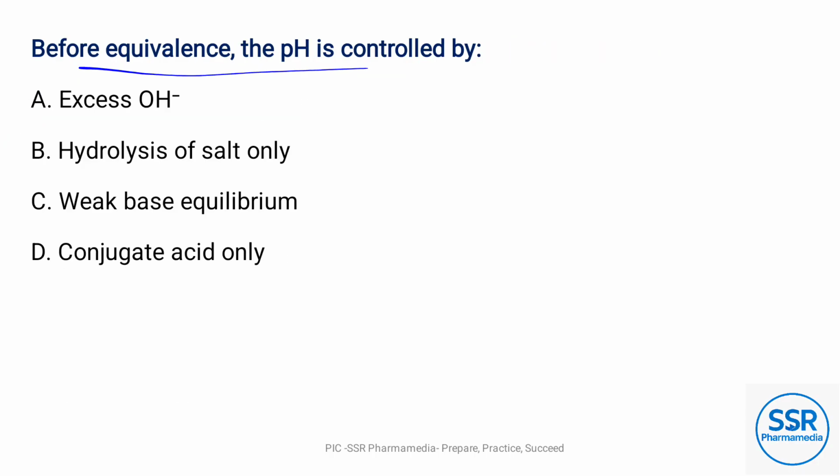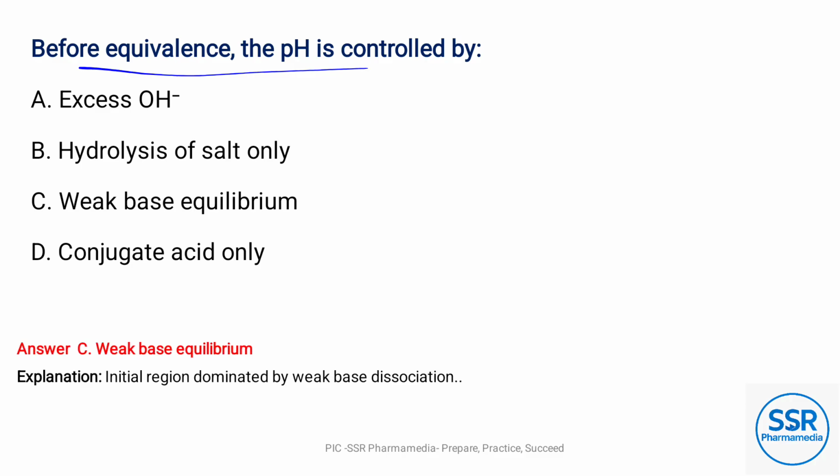Before equivalence, the pH is controlled by weak base equilibrium. The weak base will not dissociate quickly into OH minus ion, so the pH is controlled by the weak base equilibrium.